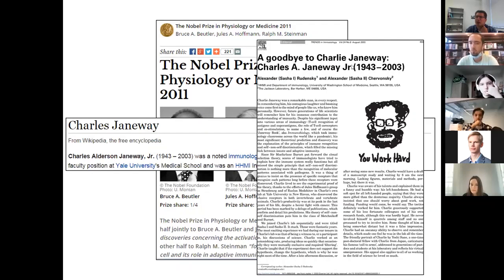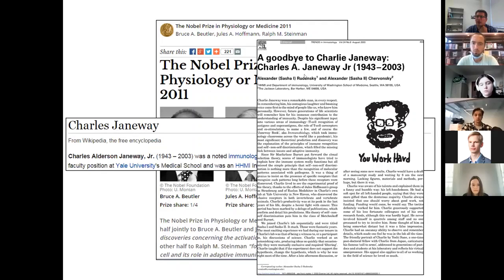Sadly, Charlie Janeway passed away younger than scientists typically do. In addition to Ruslan Medzhitov, he had Sasha Rudensky and Sasha Chervonsky, two other postdocs of Russian origin in his lab, who both went on to become very famous immunologists.